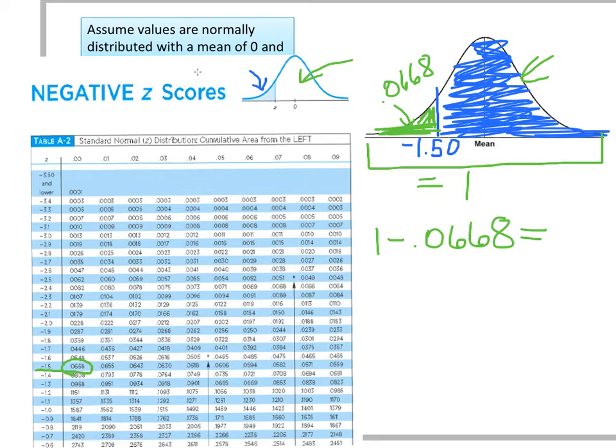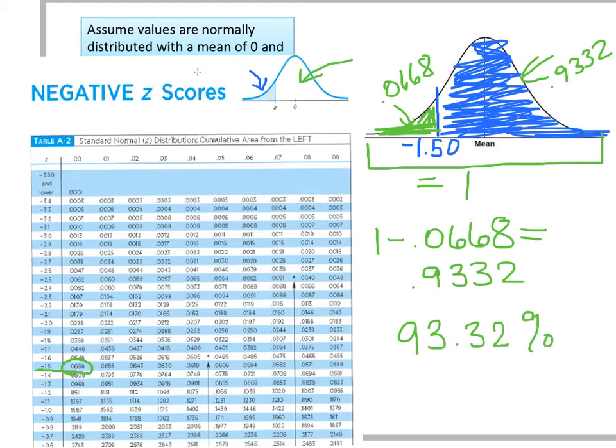So my unknown portion is 0.9332. So this value over here is 0.9332. So my probability of being greater than negative 1.50 is 93.32%, which really makes sense. If you look at the shaded portion of that bell curve, approximately 93% of that bell curve is shaded in. A large portion of the bell curve is shaded in. It makes sense.